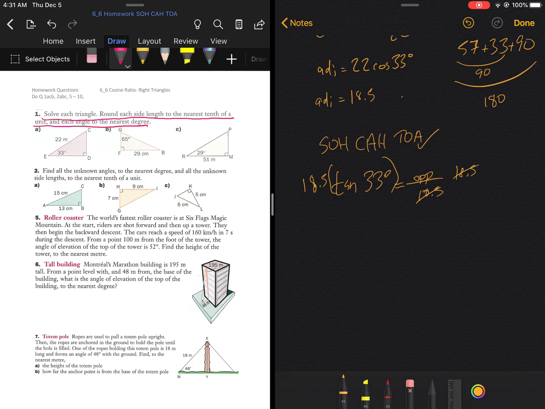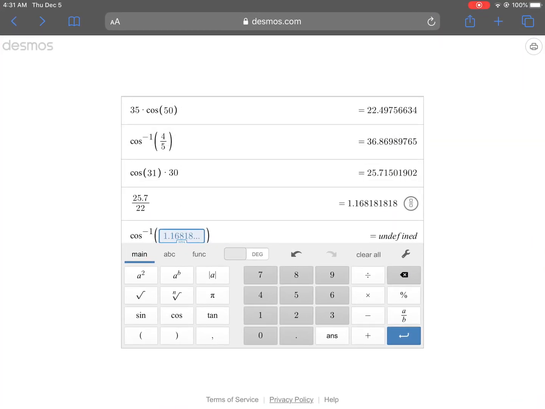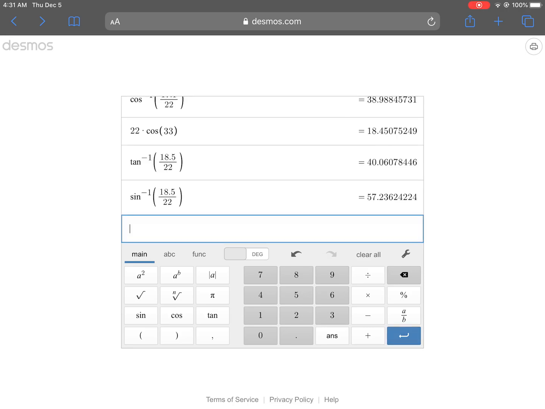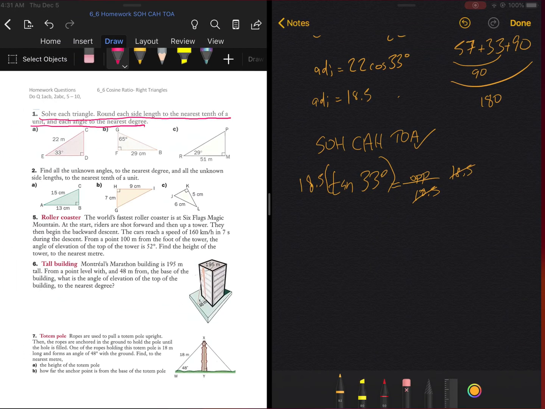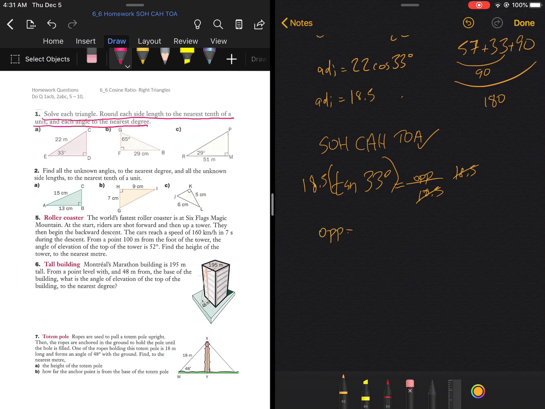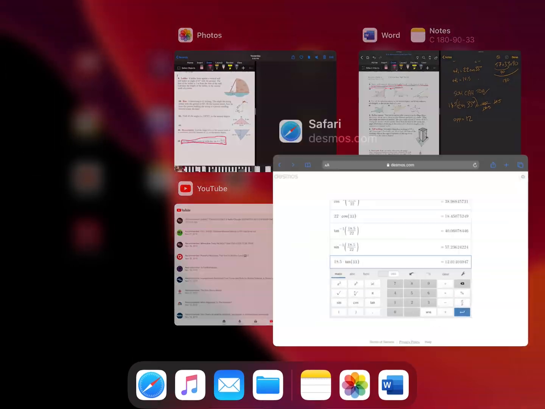Let's write it out nicely. So let's solve it. Opposite equals 18.5 times tan of 33. And the answer is 12 point what?